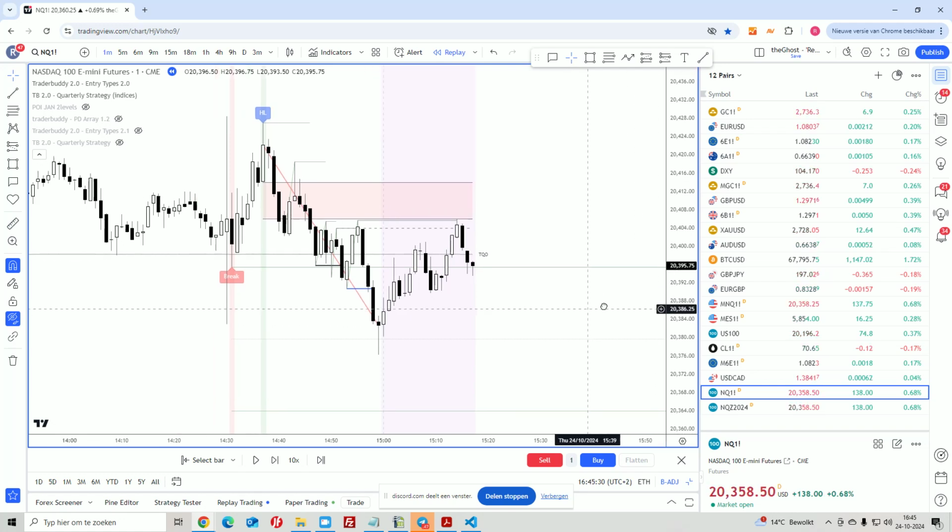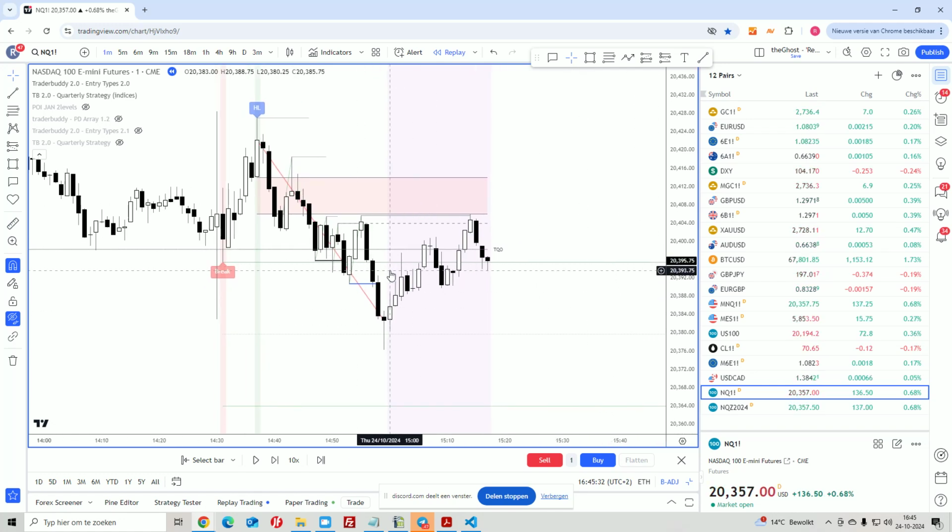Okay, so you didn't even enter in a kill zone. Then it was just a lucky shot. Yeah. Well, sometimes you need to have a little bit of luck.